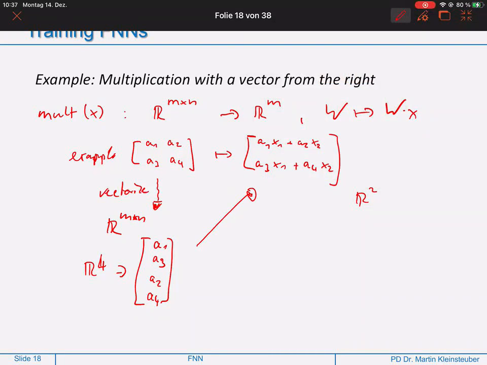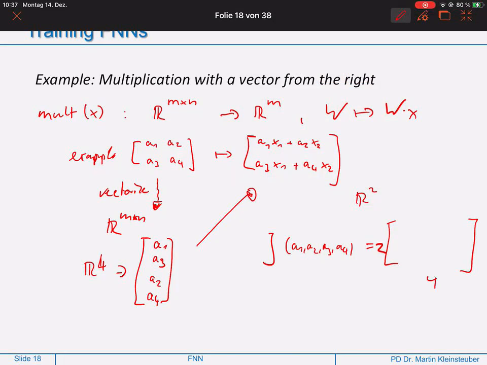And you can write down the Jacobi matrix of A1, A2, A3, and A4, and now let's compute it. It should be a 2x4 matrix, right?